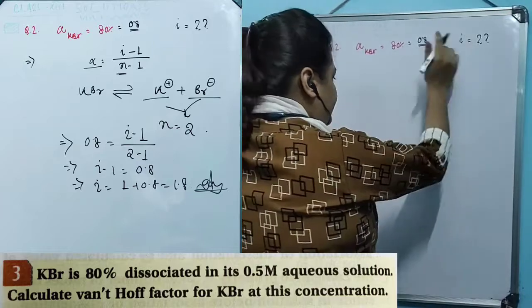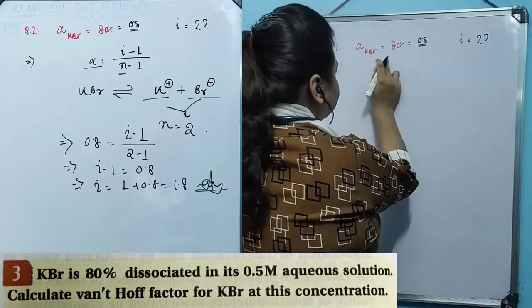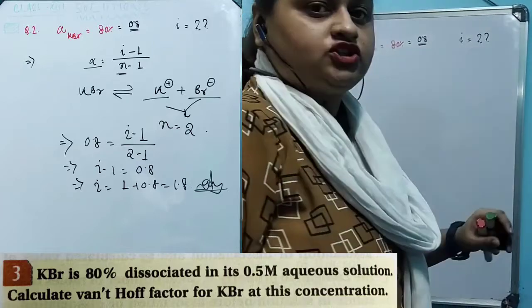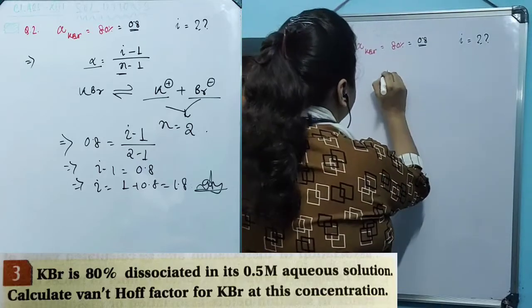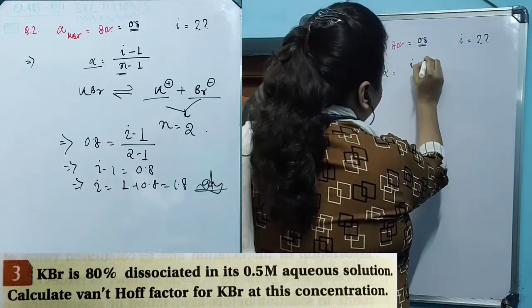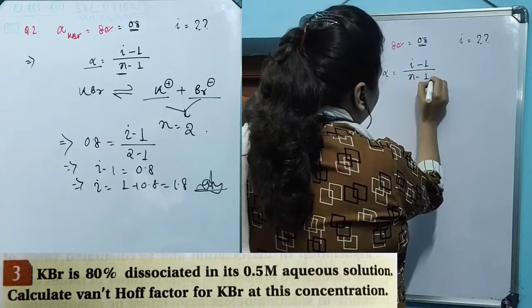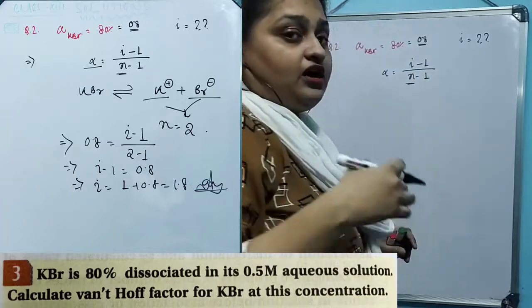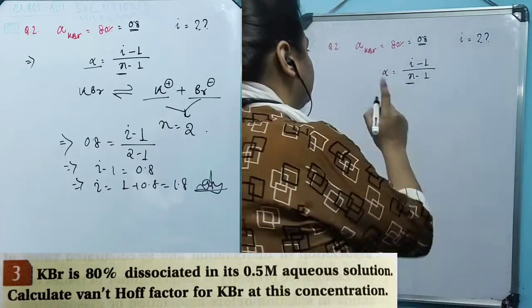Now we can apply the relationship between the degree of dissociation and the Van't Hoff factor, which is given by alpha equals i minus 1 by n minus 1, where n is the total number of ions that has been dissociated.